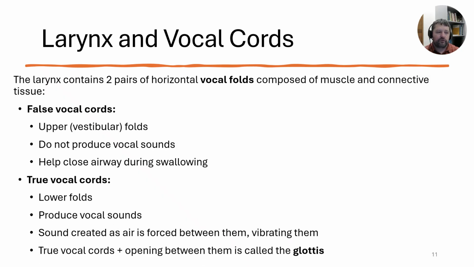The true vocal cords are folds that run in the opposite direction of the false vocal cords. They are part of that sound projection, and it has to do with the vibrations, the ability to close the glottis, and how much air is coming through the glottis. So it's a combination of both the space that is open and the vibration of the cords themselves. That's what gives the initial sound.